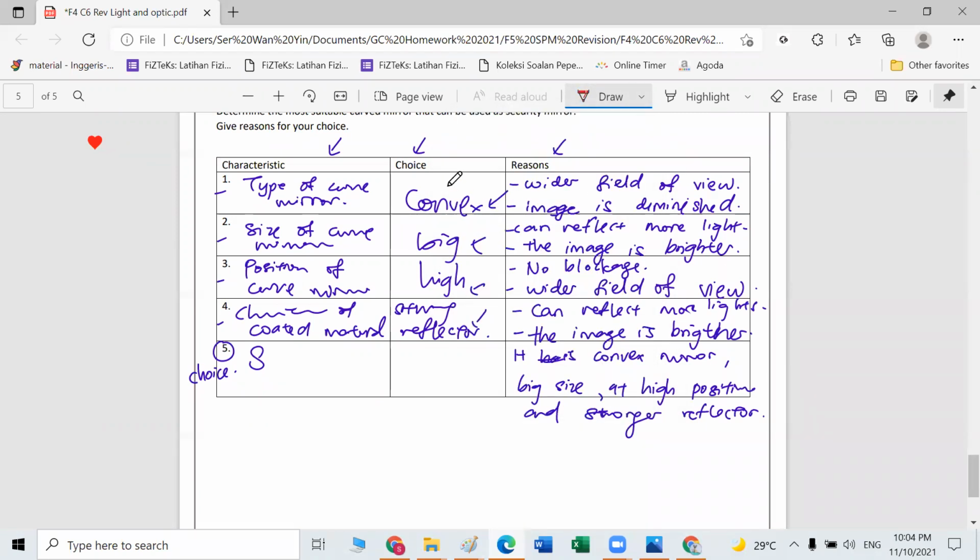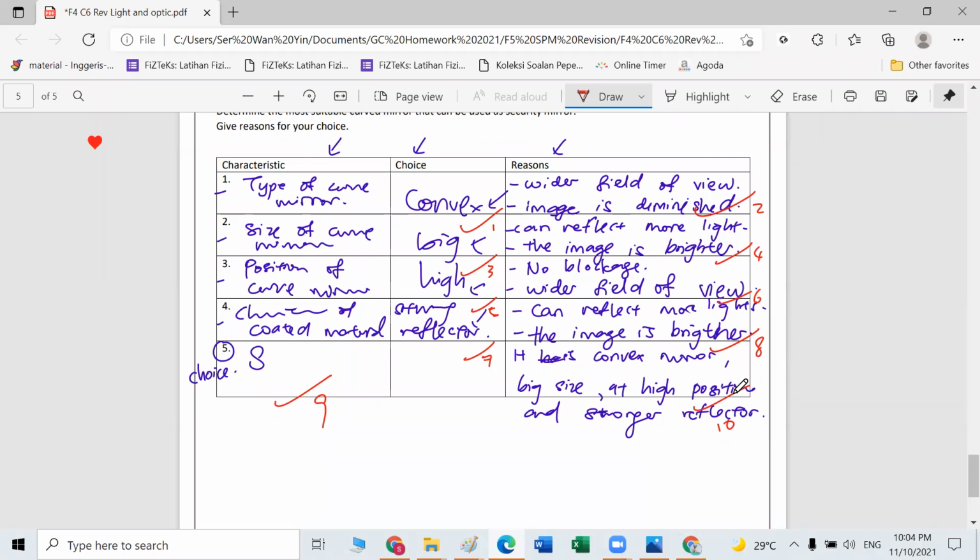We will treat this as 10 marks, right? 10 marks means 1, 3, 5, 7, 9, 2, 4, 6, 8, 10.